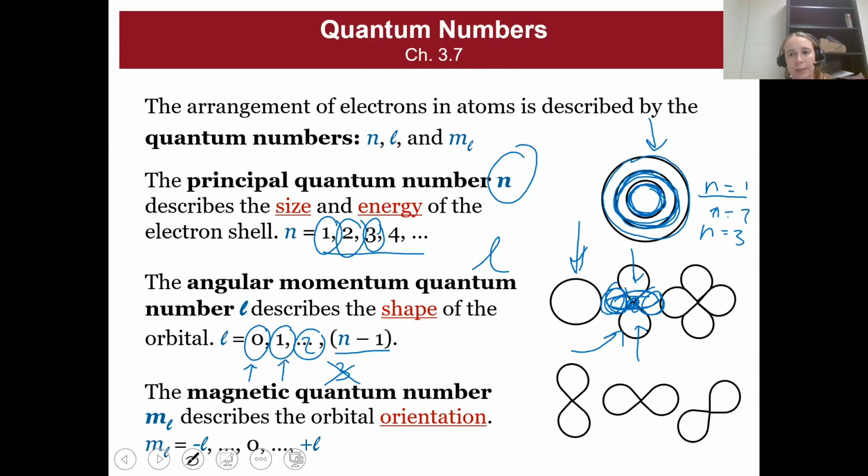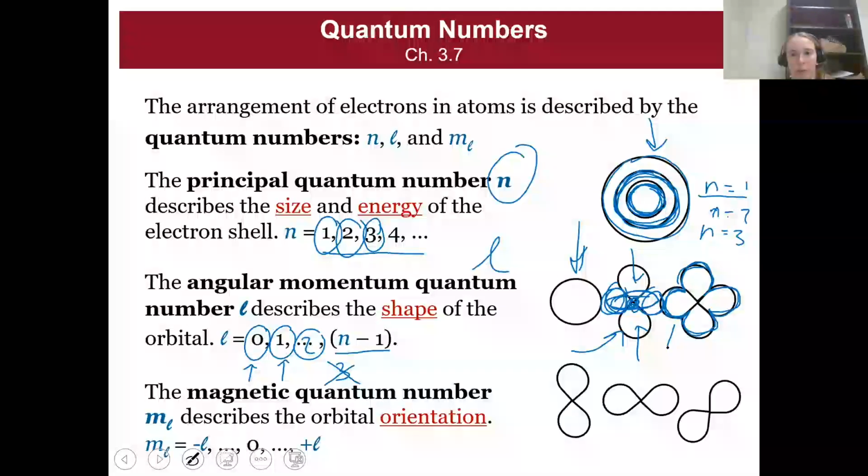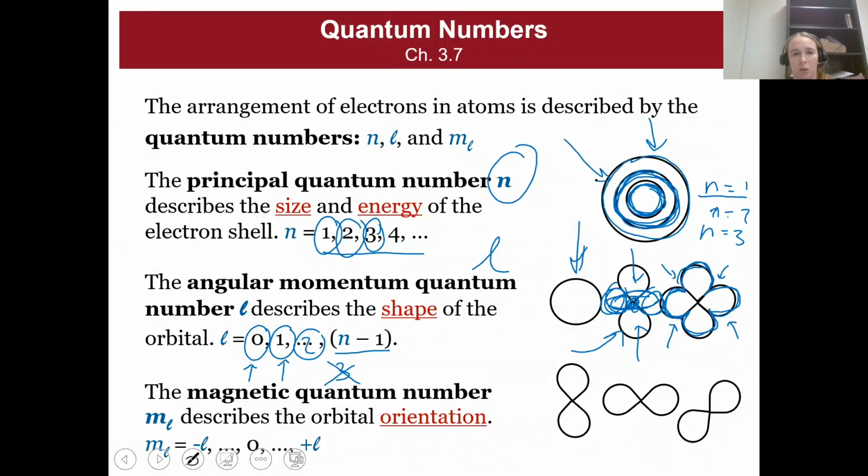So depending on the value of L, that will tell you the shape of the orbital, whether it's spherical or some other type of shape like this, where there are random spots like these corners of the clover where you'll never find the electron, even though you could find it in a spherical orbital. You won't find it in this version of the orbital controlled by L.